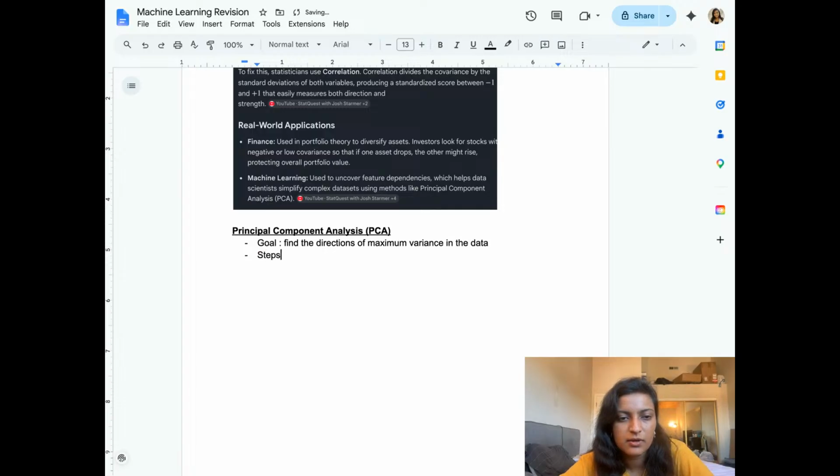The steps are: center the data, compute the covariance matrix, do eigen decomposition, sort by eigenvalue, and then project.